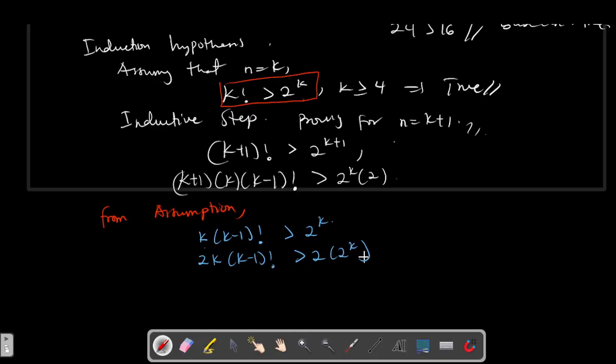So from our assumption, you realize that 2 multiplying 2 to the power k is always less than this expression, 2k multiplying k minus 1 factorial. It's always greater than this. If that is the truth, now let's go back to our main problem.